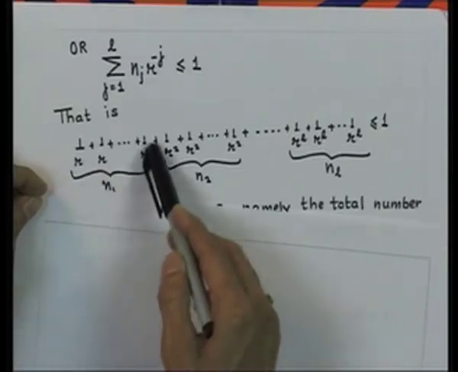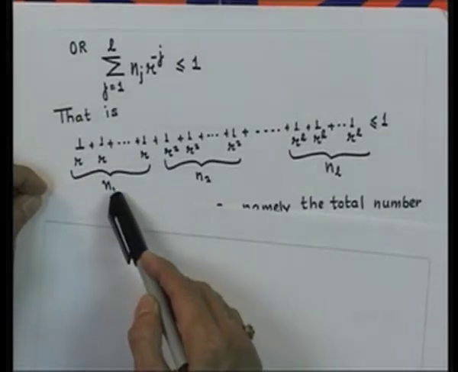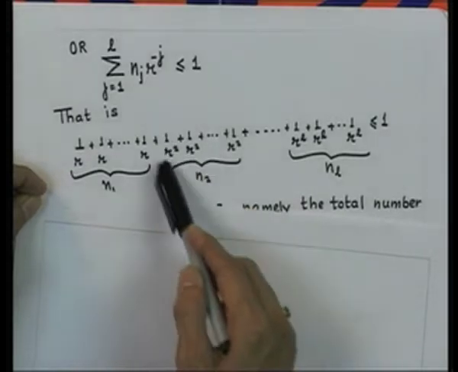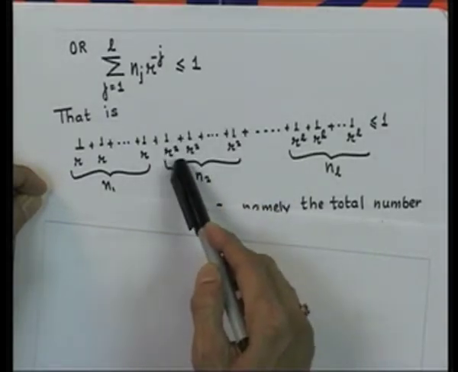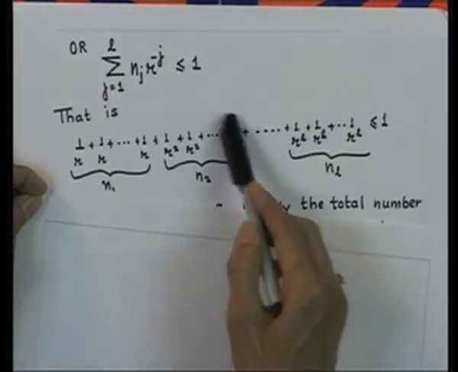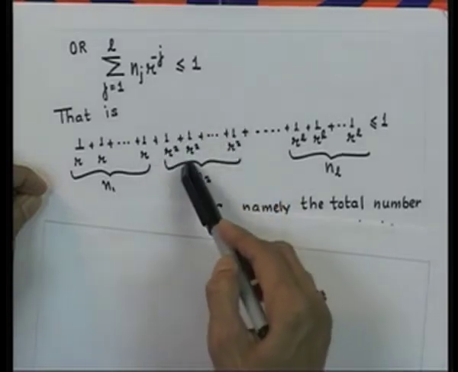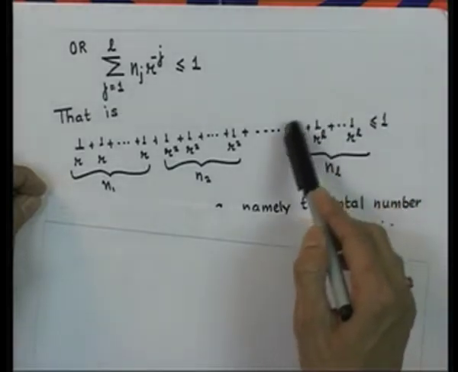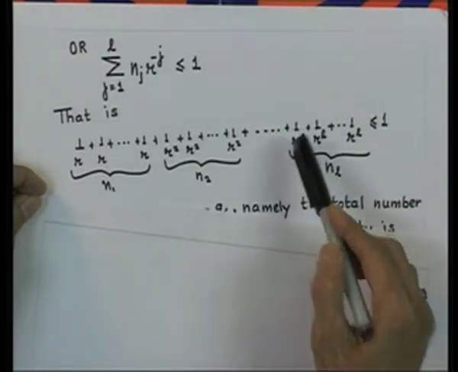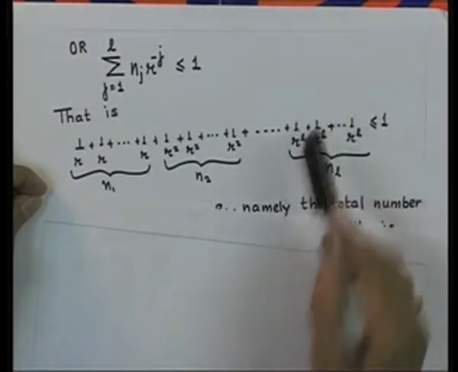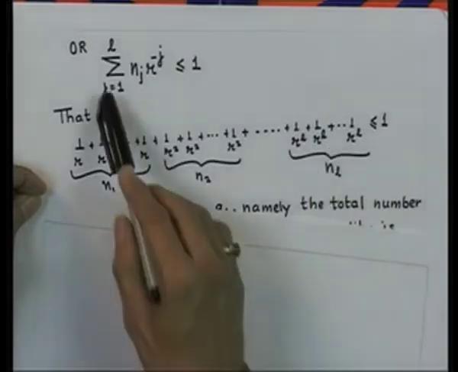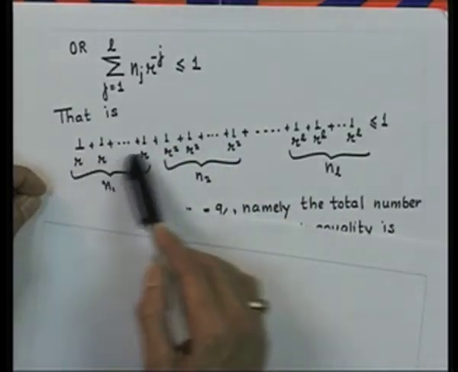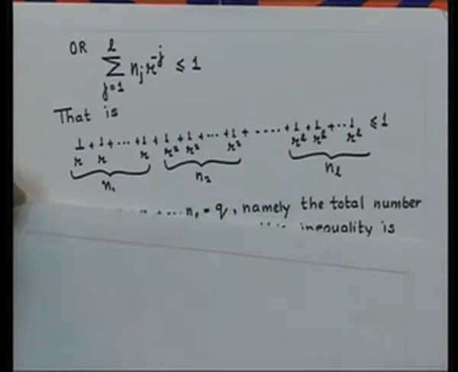The number of terms corresponding to 1 by r will be n1, the number of terms corresponding to 1 by r squared will be n2, because this corresponds to a code word of length 2 and this corresponds to a code word of length 1, and similarly this corresponds to the number of code words of length L. So, this expression is equivalent to this expression which I have.